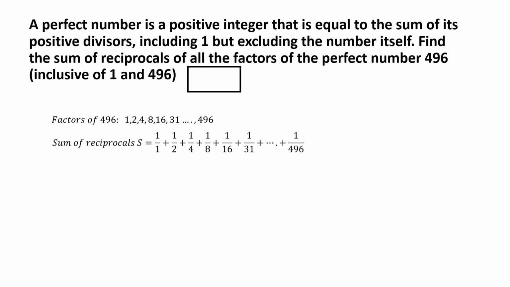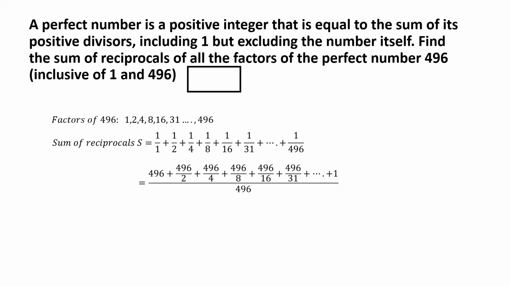Just like when we sum two or more fractions, we take the LCM of those denominators, we'll do that here. So we have 496 as the LCM in the denominator, and then the numerator for the first term, which is 1, becomes 496.